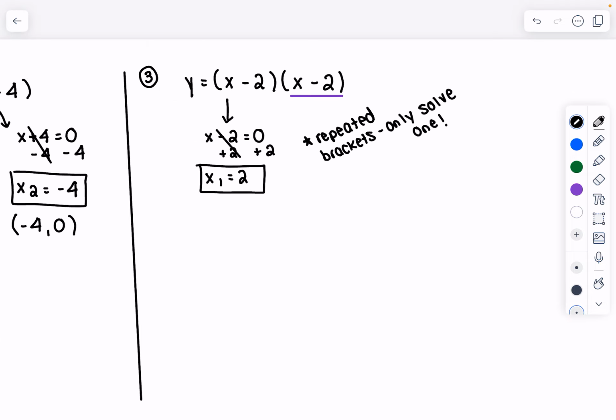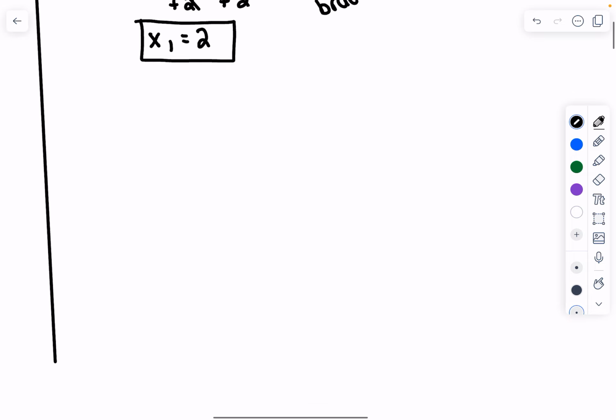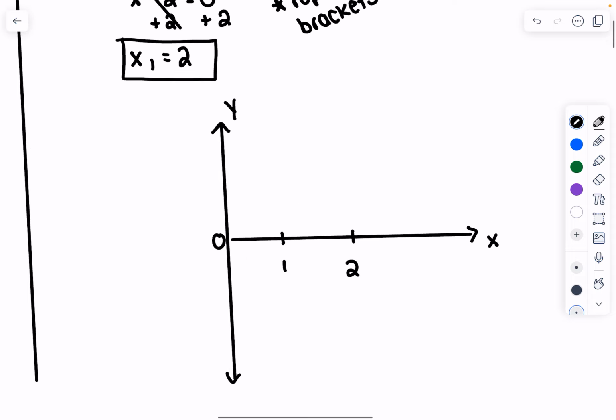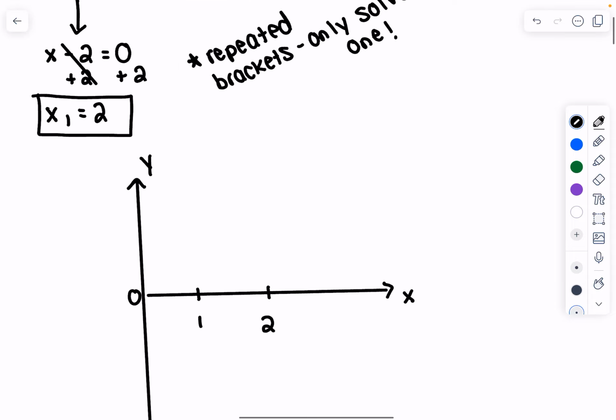Okay, what does this look like, right? So if I were to draw out a plane, a little bit of a Cartesian plane, so this is x, and this is y. Obviously a rough sketch. Let's say this is 0 right here, the origin. This is 1, this is 2. That means that there's only one x-intercept, which is at x equals 2 right here.